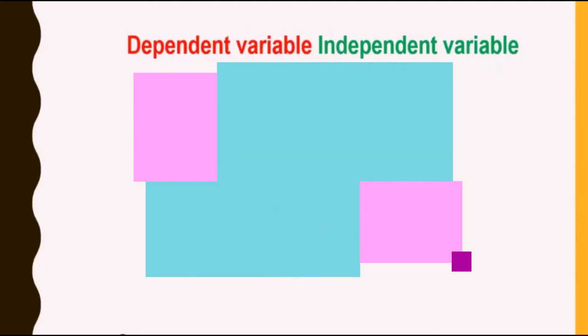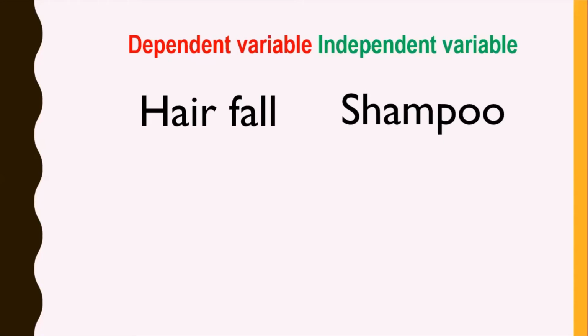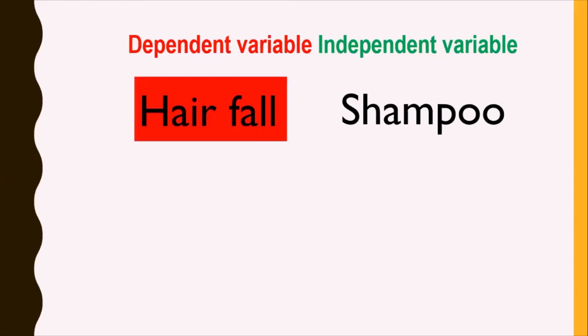Okay, let's start. Which of these two words is the dependent variable? First word, hair fall. Second word, shampoo. So, which of the two is the dependent variable? You are right, it's hair fall.